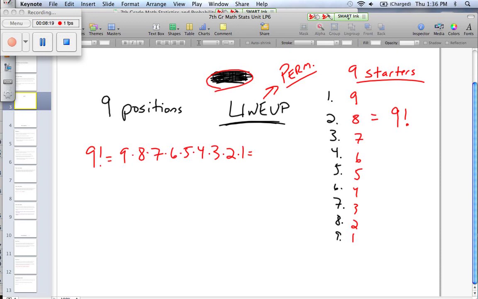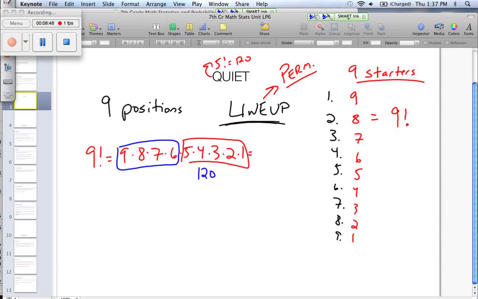Now let's use a little bit of a shortcut here. When we did the problem on quiet, we realized that 5 factorial was 120. I'm going to cut off that work for myself right there. 5 factorial is 120. So I can figure out 9 times 8 times 7 times 6.